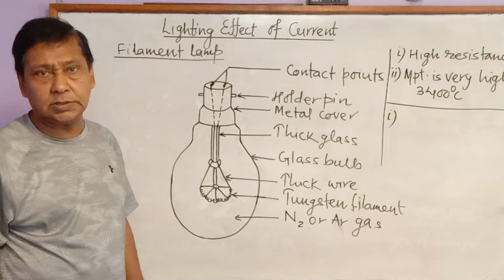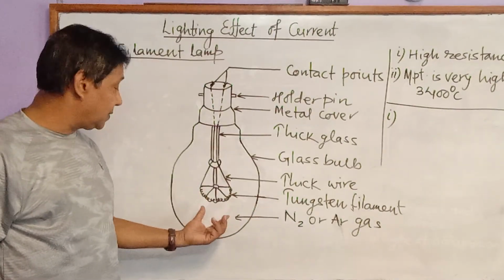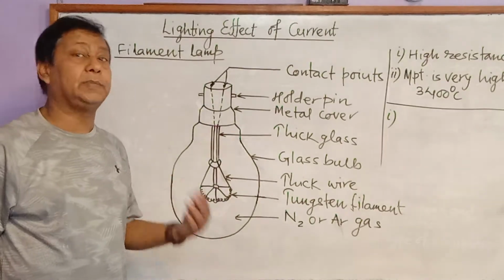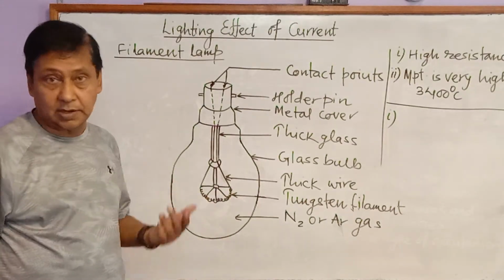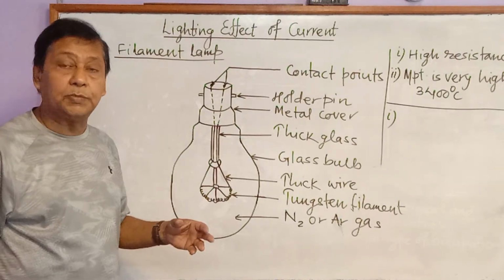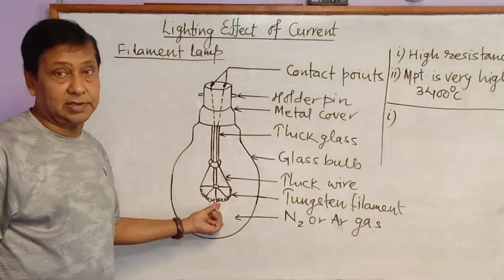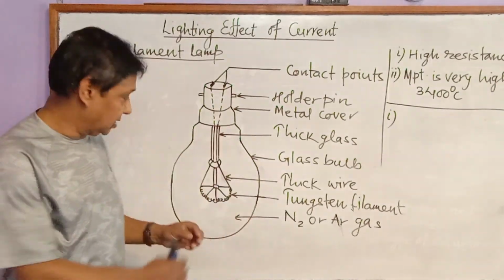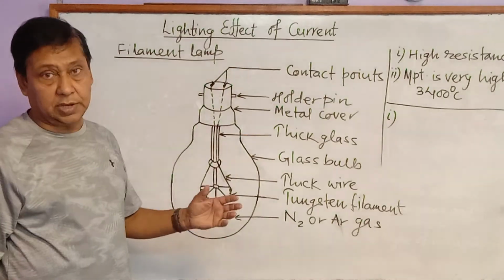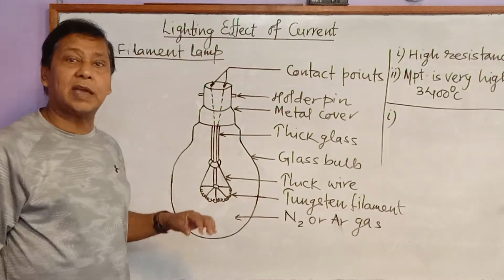Resist oxidation means if they are not filled, then air remains inside it, and in hot condition every metal reacts with atmospheric oxygen and metallic oxide forms. Because of the formation of metallic oxide, it becomes thinner and thinner, and within a few days it will break. That's why to resist oxidation, the bulb is evacuated and nitrogen or argon gas is filled.